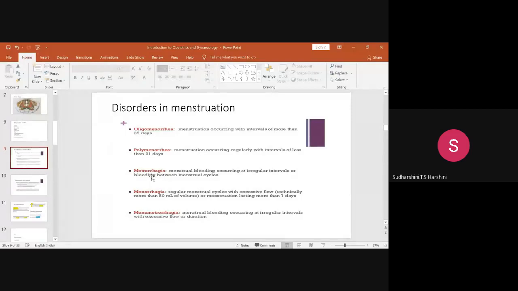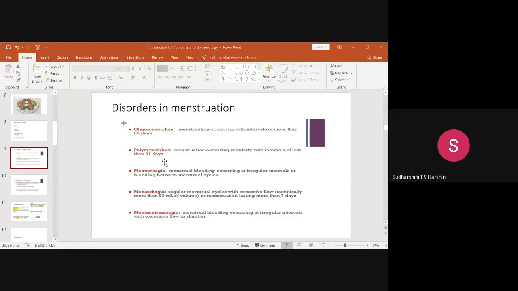See, only one point you should remember. Oligomenorrhea, polymenorrhea, menorrhagia, these three are regular cycles. Oligo means the interval is more than 35 days. Poly means it's regular, but the interval is less than 21 days. Menorrhagia is also regular, but the flow or duration is more.